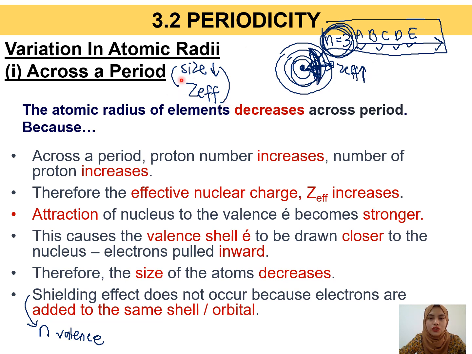Bila ZEF dia strong, makanya the attraction between nucleus and the valence electron and the valence shell pun stronger. So, bila attraction dia kuat, maka dia akan force the valence shell makin lama makin mengecil. Therefore, across the period, size of the atom makin lama makin mengecil. Because apa? Sebab ZEF.